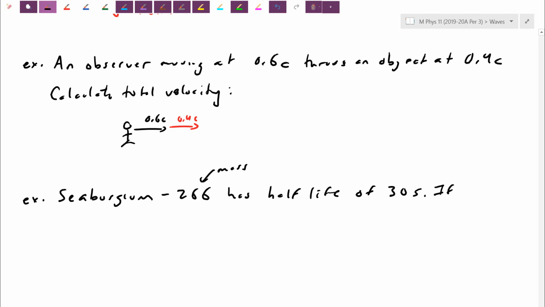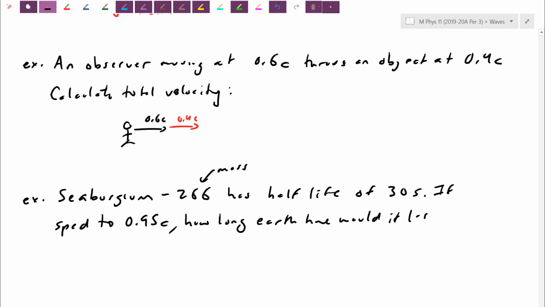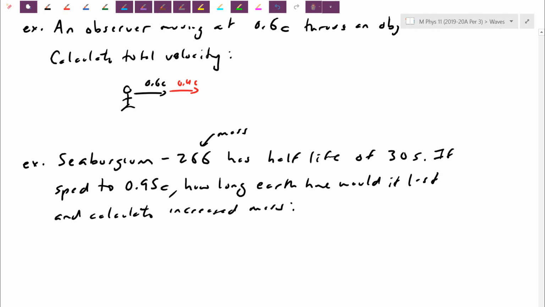If sped to 0.95 the speed of light, how long Earth time would it last? And calculate the increased mass. Okay, so use the time dilation formula, use the mass increase formula as well.